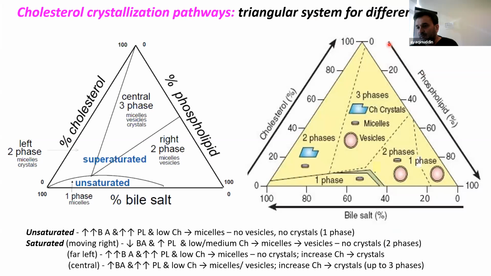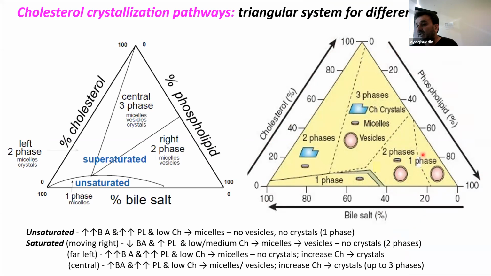The next diagram is showing you the same. There are three things. Phospholipids here, you would see on the base the bile salts, and you see more cholesterol as you go up this triangle. If you have more of the bile salts here, there would be very little crystal formation. But if you go up here and you have more cholesterol and less bile salts, as in this case here, you would have much more crystallization.